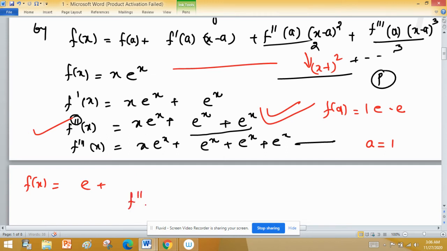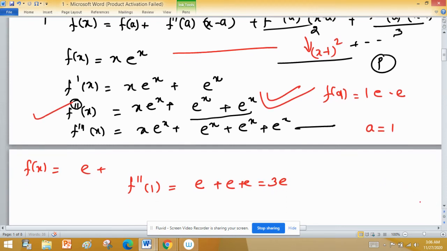So f double prime 1 equal to e plus e plus e, that means 3e, divided by 2. Divided by 2 will be the answer.